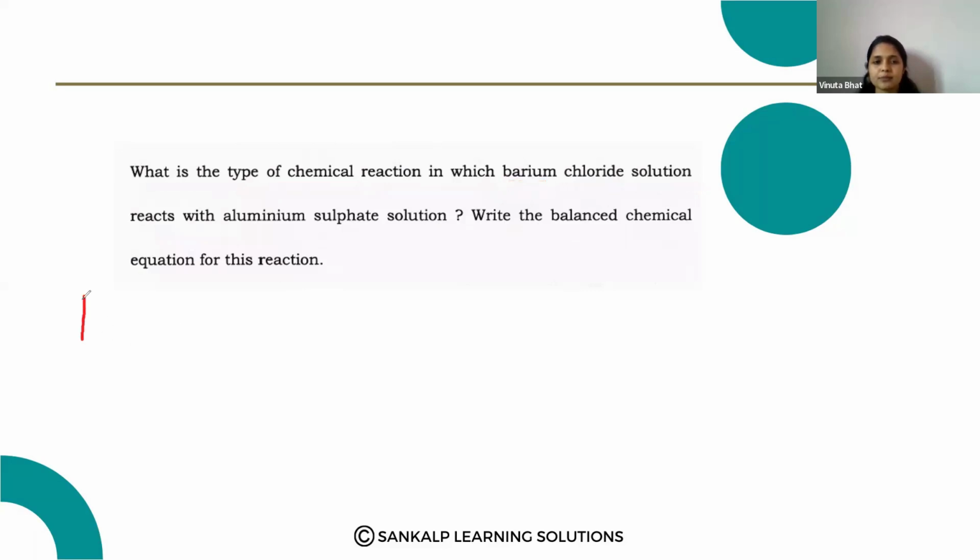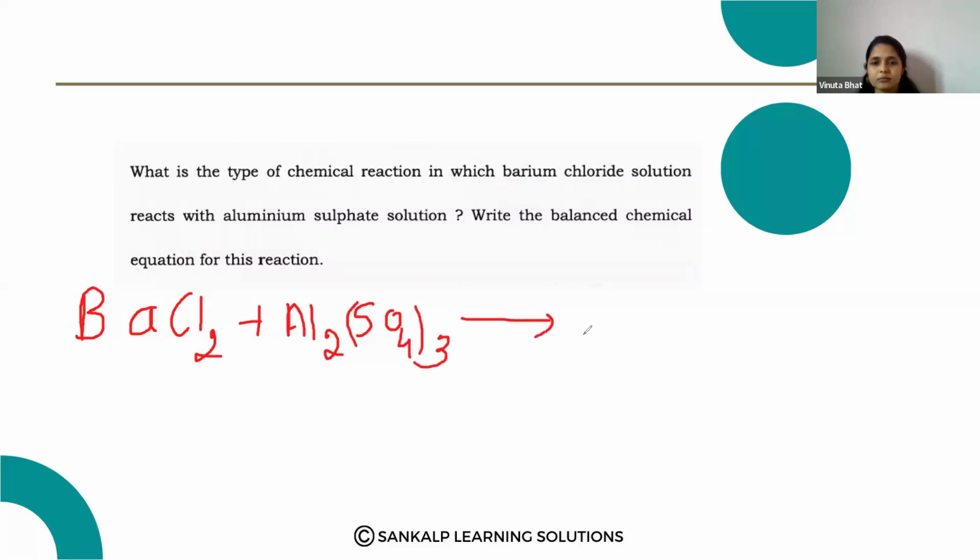Barium chloride, that is BaCl2, when it reacts with the aluminium sulfate, Al2(SO4)3, you have to write the physical state also, it forms AlCl3, aluminium chloride, plus barium sulfate.